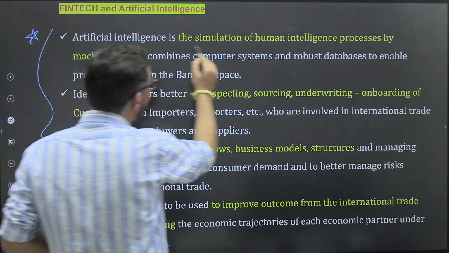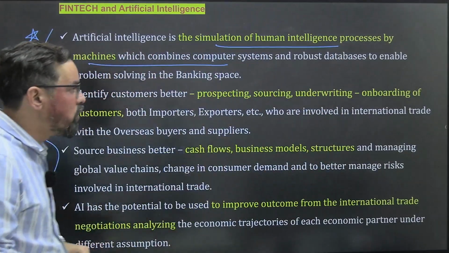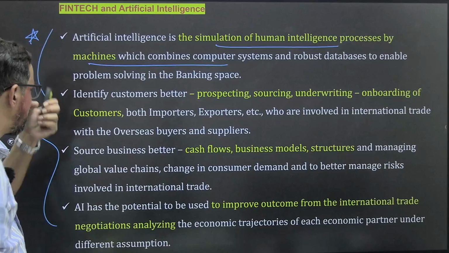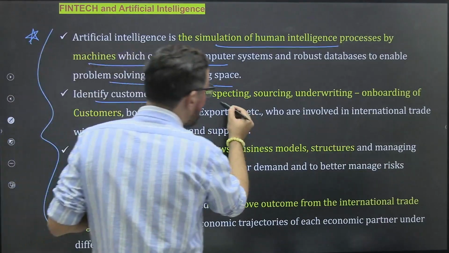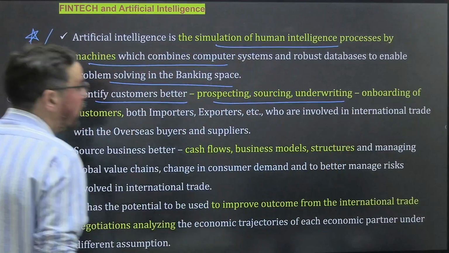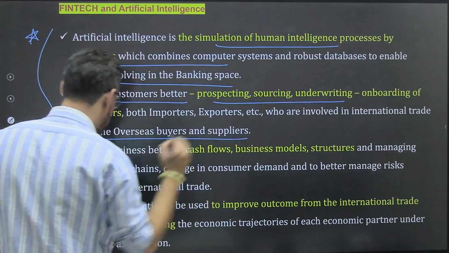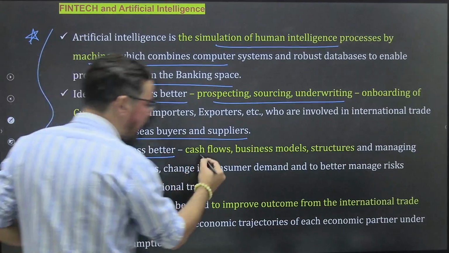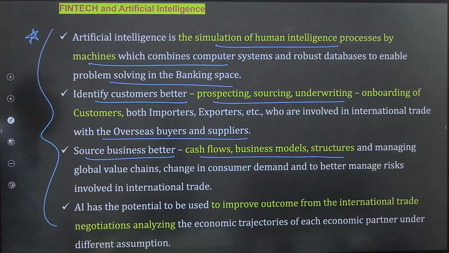ठीक है। So artificial intelligence, the simulation of human intelligence processes by a machine, which combines computer systems and robust databases to enable problem solving in the banking system. They identify customers better: prospecting, sourcing and underwriting, onboarding of customers, both importers and exporters who are involved in international trade with overseas buyers and suppliers, source business better, cash flows, business models, structure, and managing global value chain changes in customer demands, and better manage risk involved in international trade.